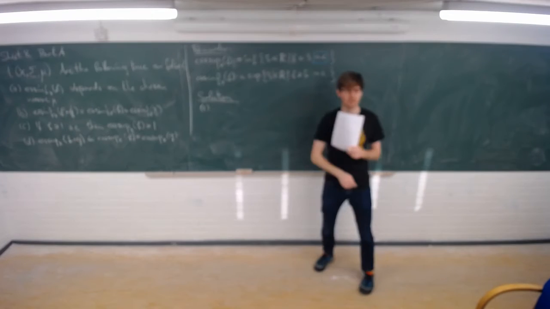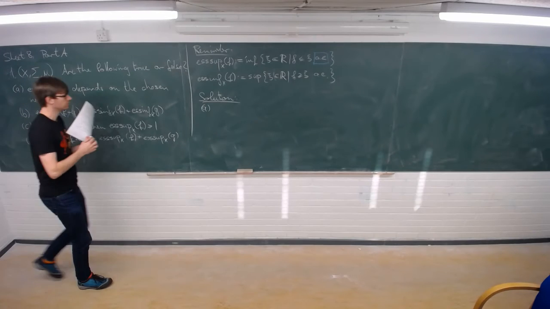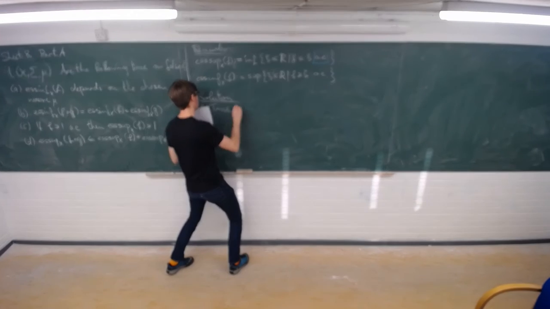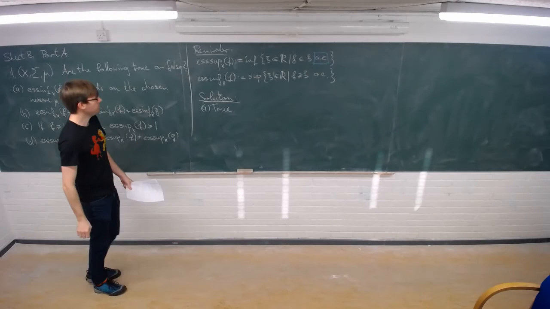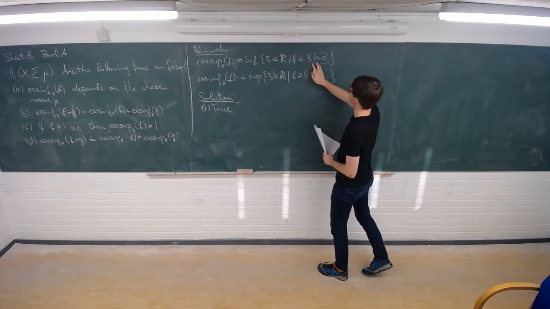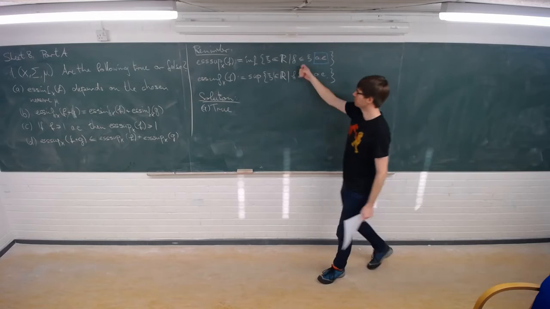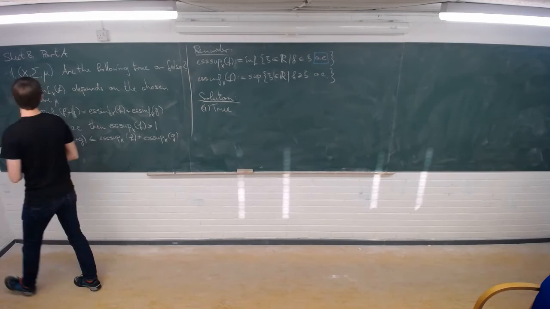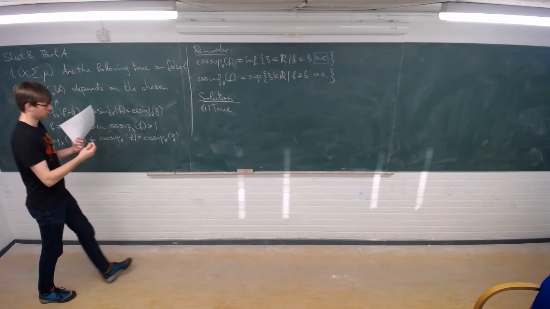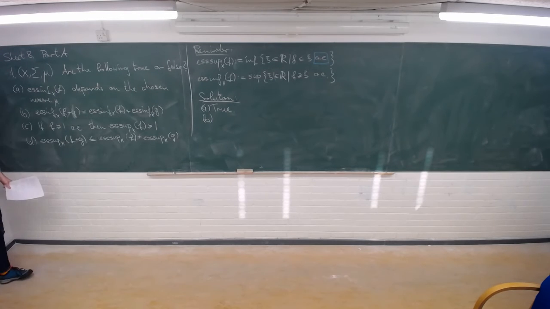Right, that's exactly right. So the first statement is true, because the definition of almost everywhere depends on the measure. If you change the measure, then this notion of almost everywhere changes, and the meaning of this whole thing changes. Any questions? Is this clear?